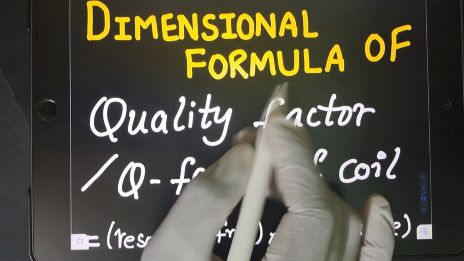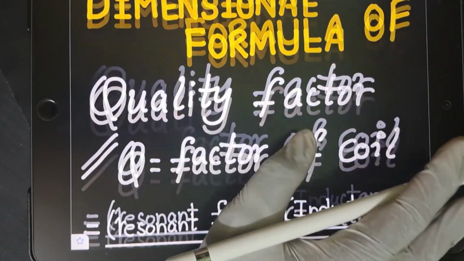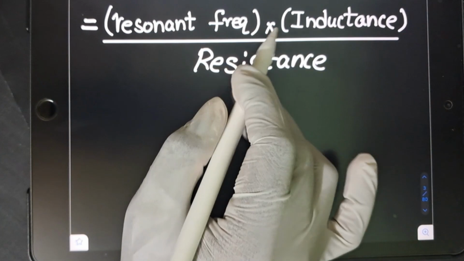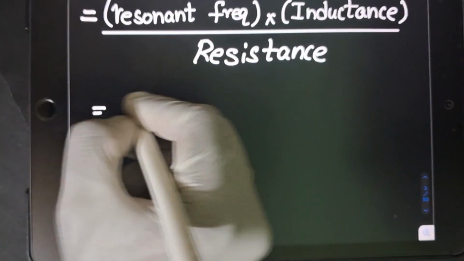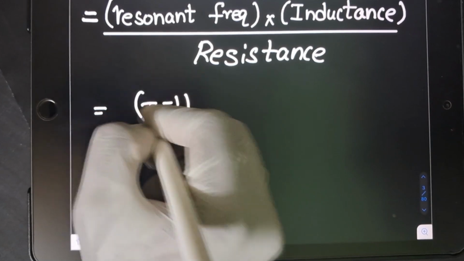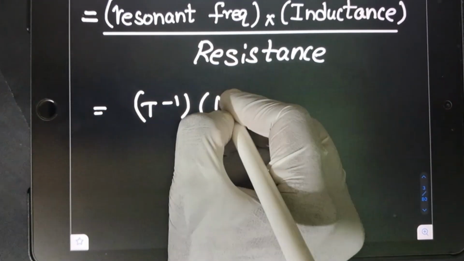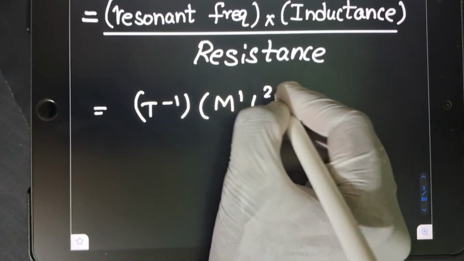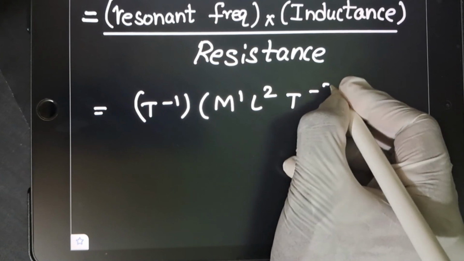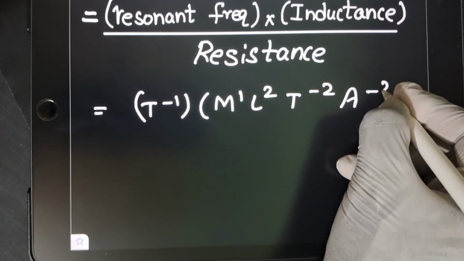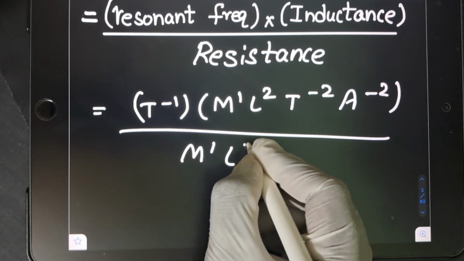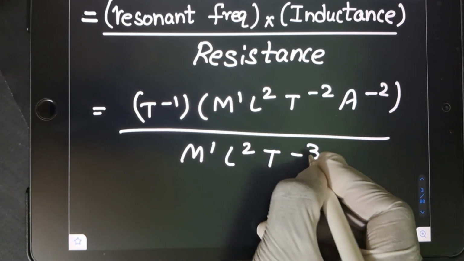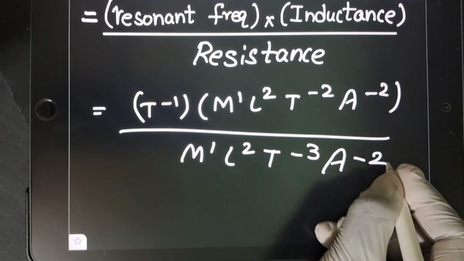To find the dimensional formula of quality factor of the coil, the formula is resonant frequency into inductance by resistance. The resonant frequency dimensional formula is T power minus 1. Inductance is M power 1, L power 2, T power minus 2 and A power minus 2, by resistance M power 1, L power 2, T power minus 3, A power minus 2.